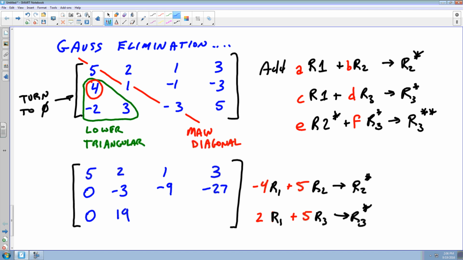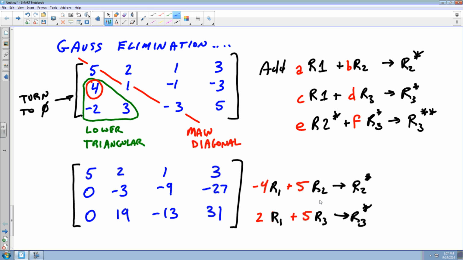Next one is 2 times 1 is 2, plus 5 times minus 3 is minus 15. So 2 minus 15 is minus 13. And finally, 2 times 6 is... 2 times 3 is 6, plus 5 times 5 is 25. 6 plus 25 is 31. Okay. I think we got it, right?